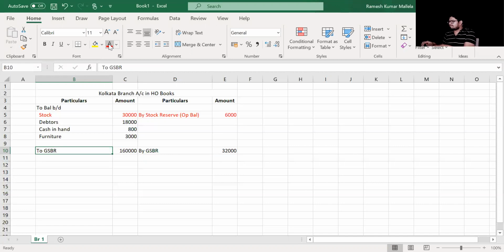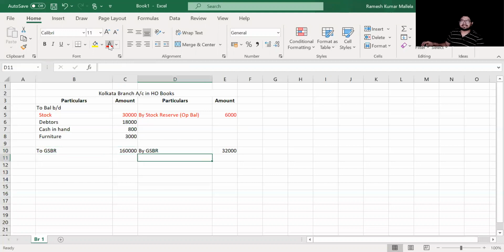Then what has happened? He has got some goods returned to head office. The value is 2,000 rupees, as he has mentioned. Now, if goods are returned back, it's going to be by goods returned by branch.